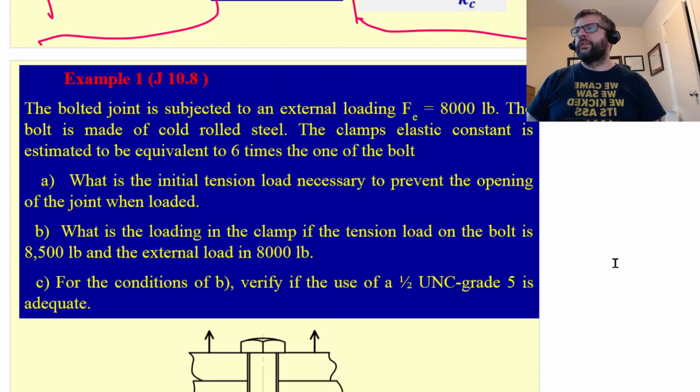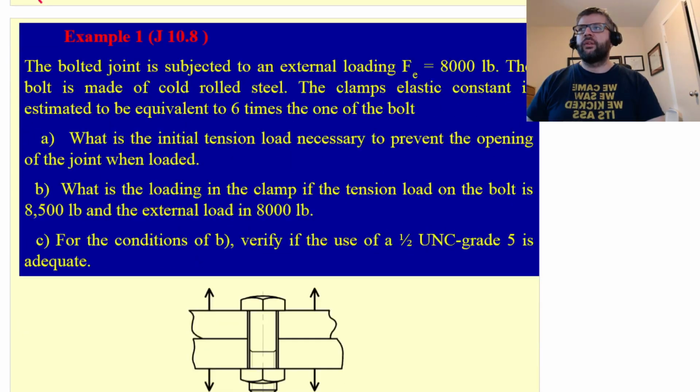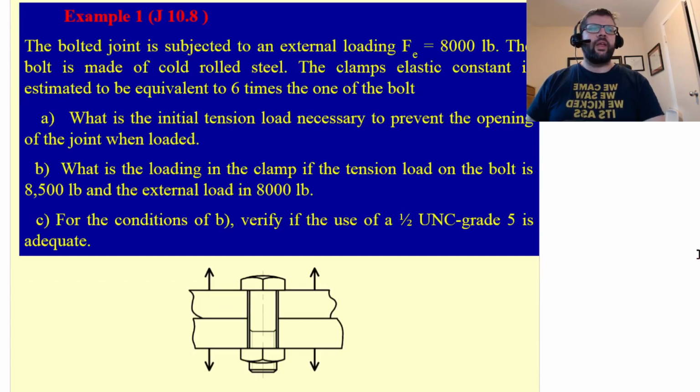So as an example, if we have a bolted joint that has an external load of 8,000 pounds, with the bolt made of rolled steel, and we are assuming that the elastic constant for the clamp or the joint is 6 times that of the bolt, which typically speaking is reasonable.